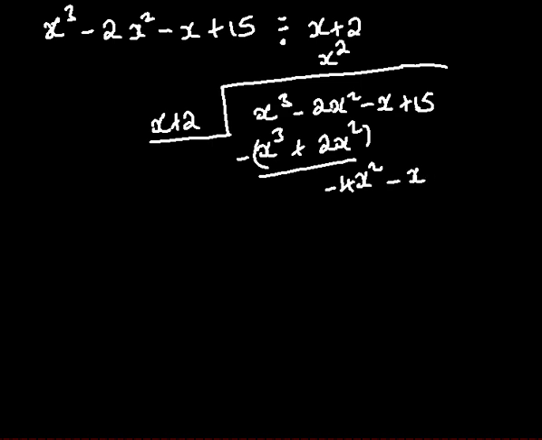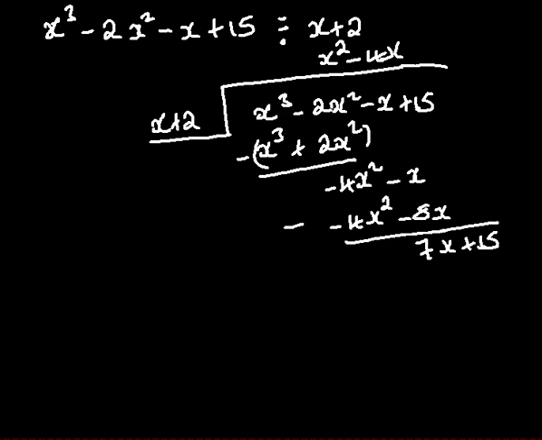Now x into negative 4x squared is negative 4x. Negative 4x times x is negative 4x squared, and negative 4x times 2 is negative 8x. Subtracting, we have 0 for the first term, and negative x minus negative 8x gives 7x, and we drop down 15.